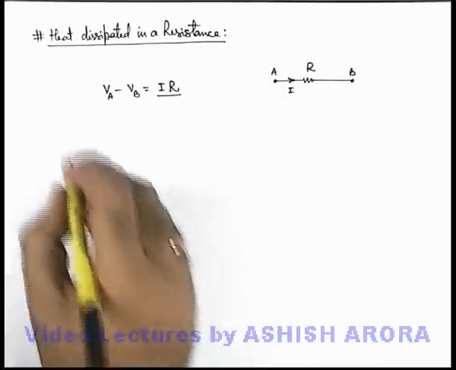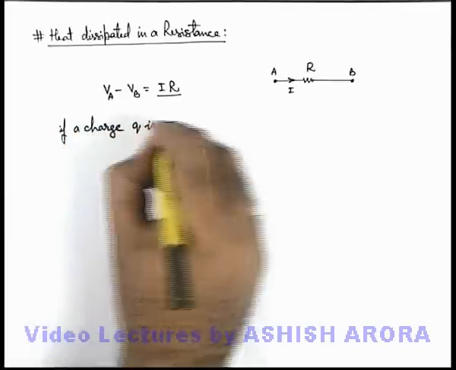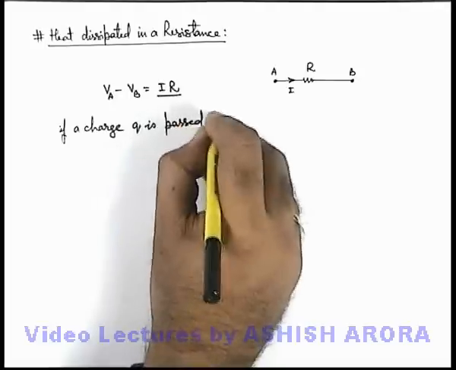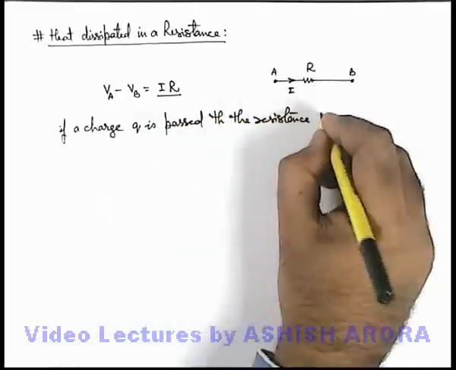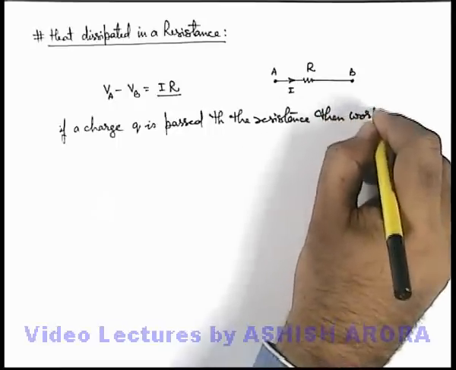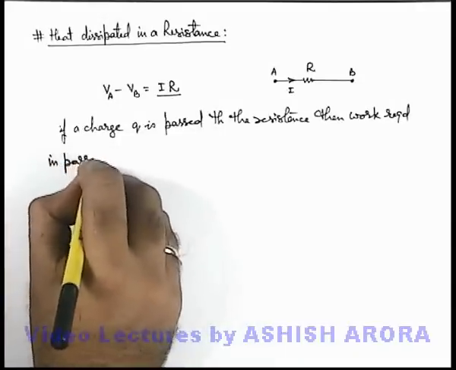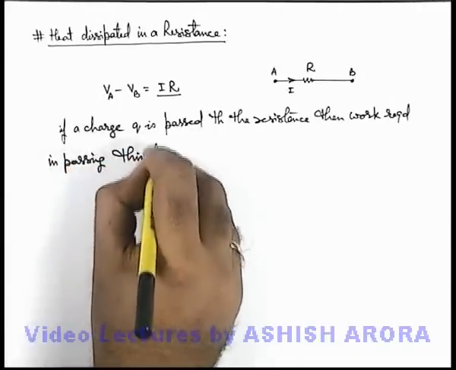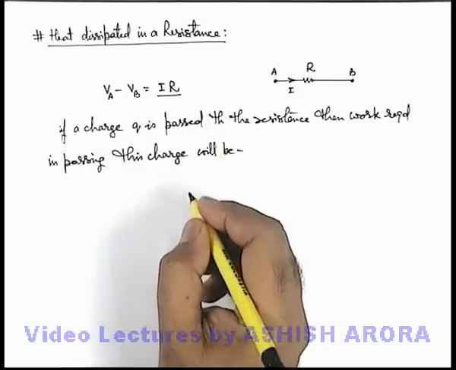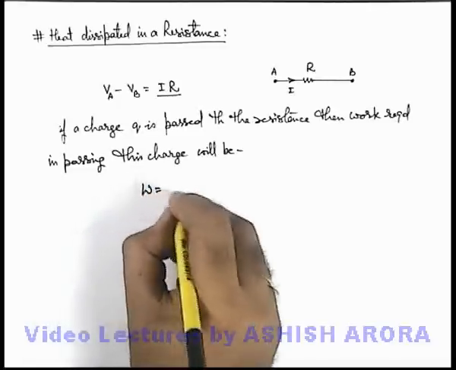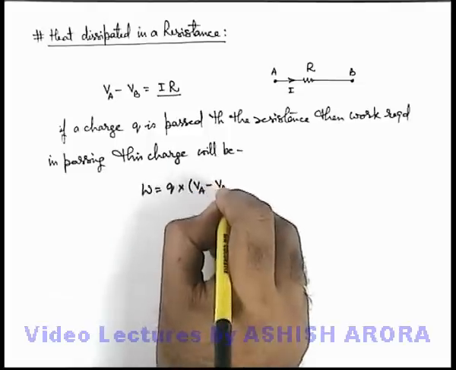Now in this situation we can say if a charge Q is passed through the resistance, then the work required in passing this charge will be, we know that work required in transporting a charge from one point to another is directly charge multiplied by the potential difference VA minus VB.